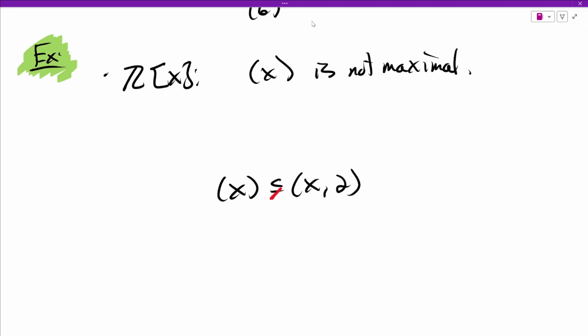Because, as we saw, these are sort of polynomials of positive degree, and this is polynomials of positive degree.